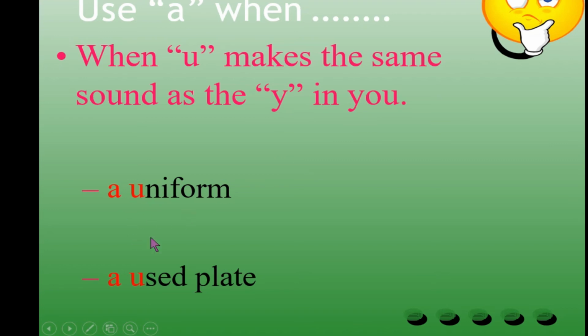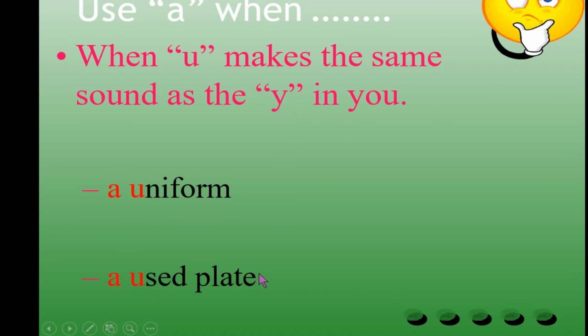So the sound is like you, right? Like here, you. Uniform, you cannot say an uniform, because of the sound like you, right? You. And I use a.